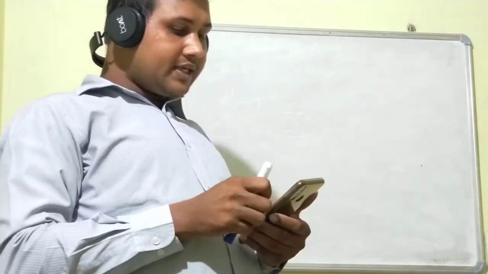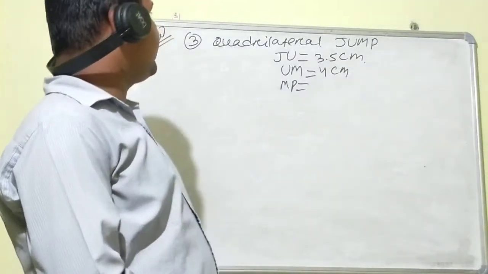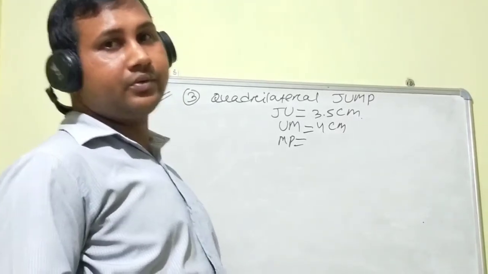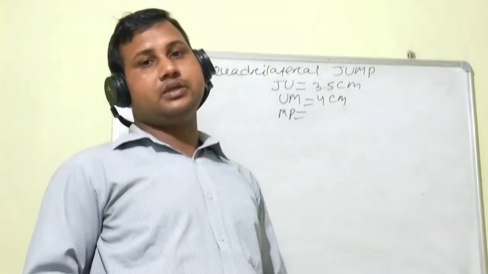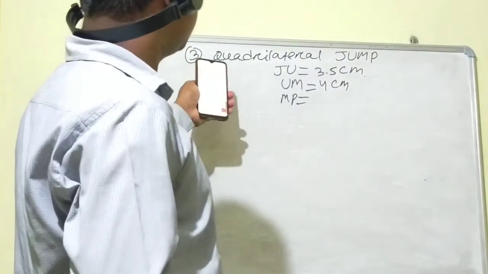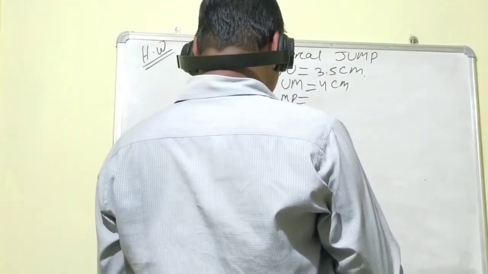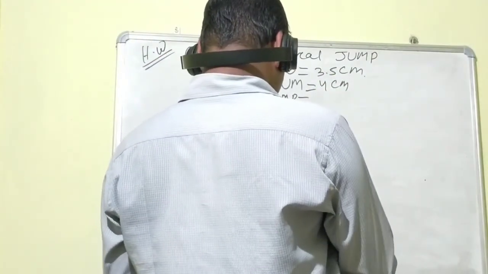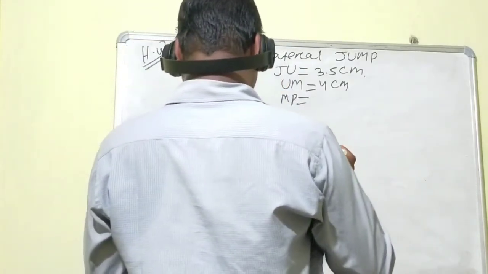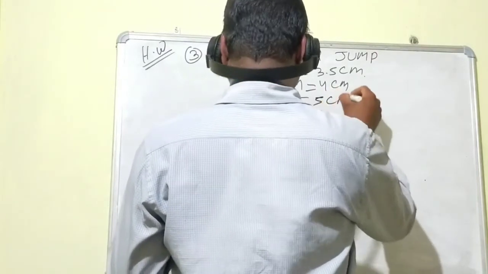I am giving you two questions, you can also solve them. First, a quadrilateral JUMP where JU is given 3.5 centimeter, UM equal to 4 centimeter, and MP equal to 5 centimeter.